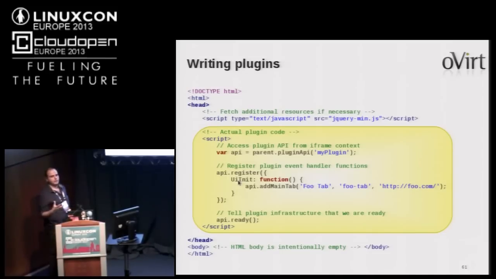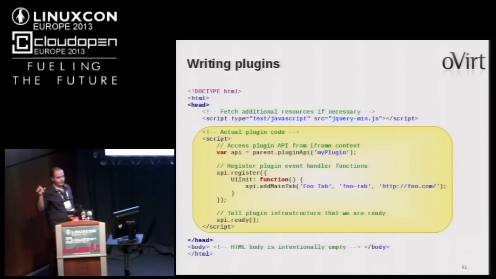The UI init event is triggered when the admin portal is initialized. And the only thing I did here is add a new main tab. That's the label, that's a unique identifier, and that's a URL. That's it.